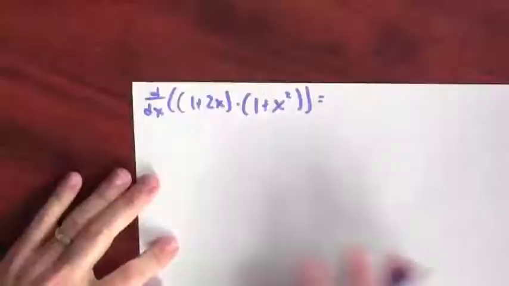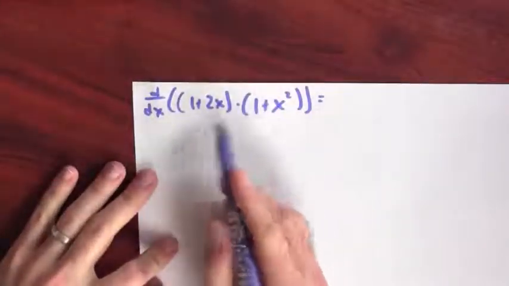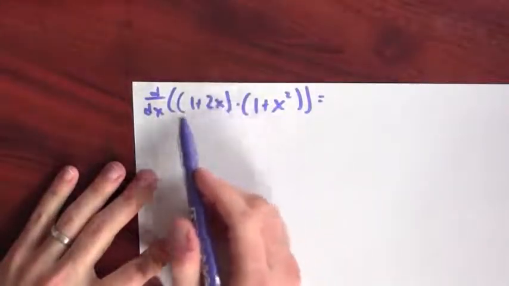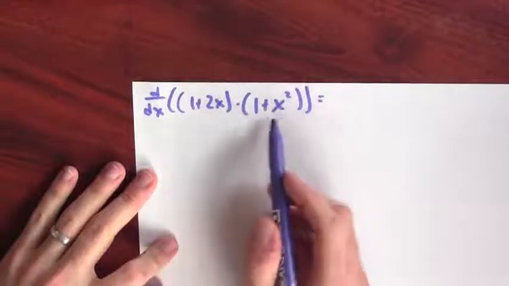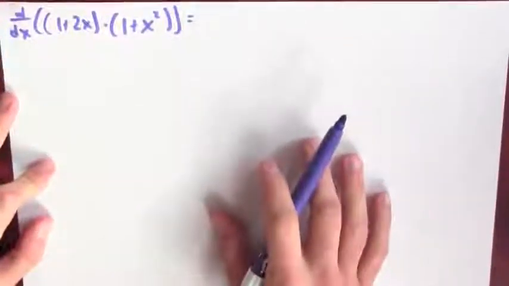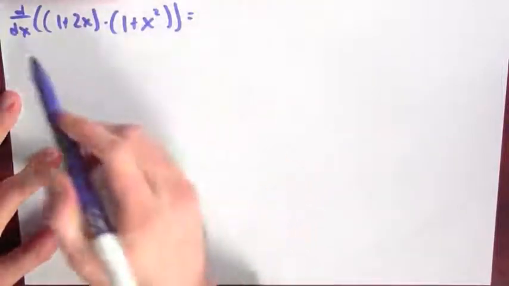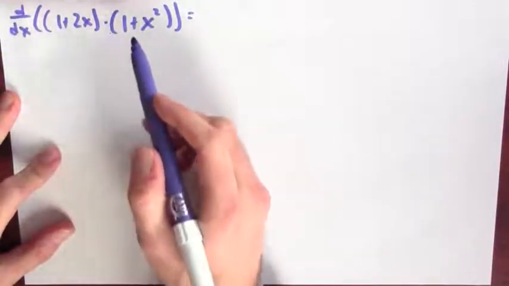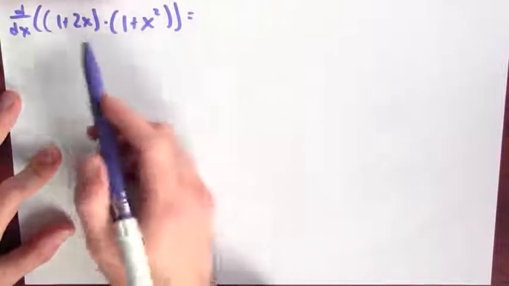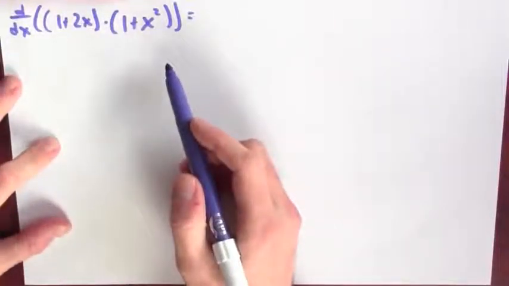Let's see an example of this rule in action. For example, let's work out the derivative of this product, the product of 1 plus 2x and 1 plus x squared. All right, well, here we go. This is the derivative of a product, so by the product rule, I'm going to differentiate the first thing, multiply by the second, and add that to the first thing times the derivative of the second.